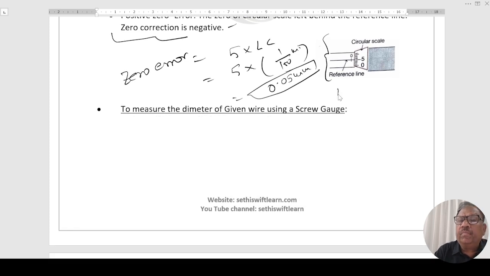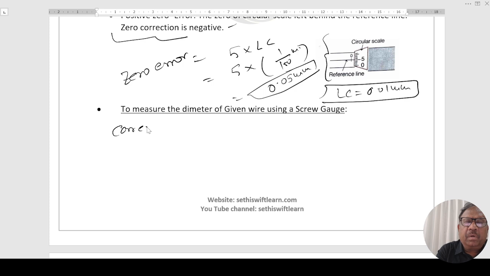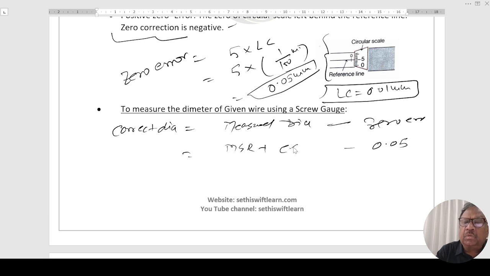Least count is 0.01 mm. So correct diameter will be equal to the measured diameter minus zero error, that is minus 0.05. Measured diameter will be main scale reading plus circle scale reading into least count.